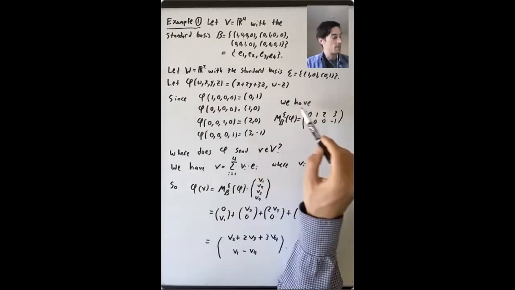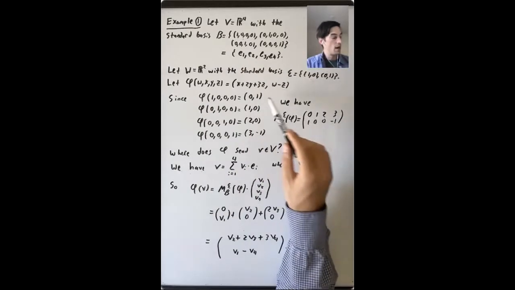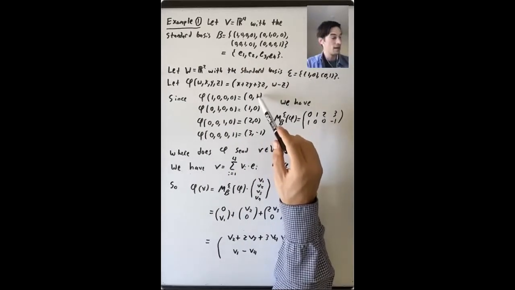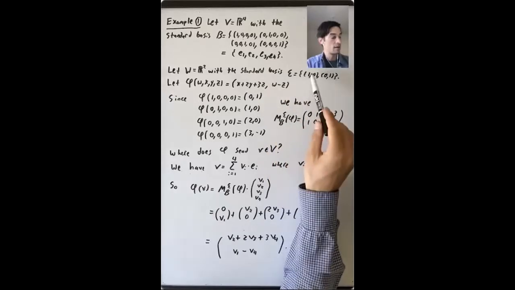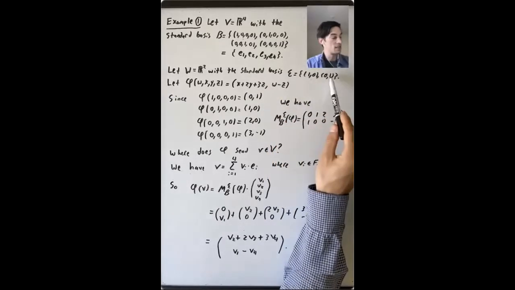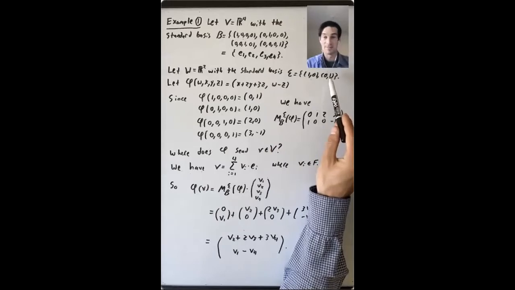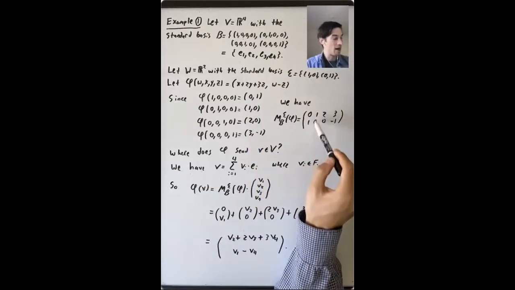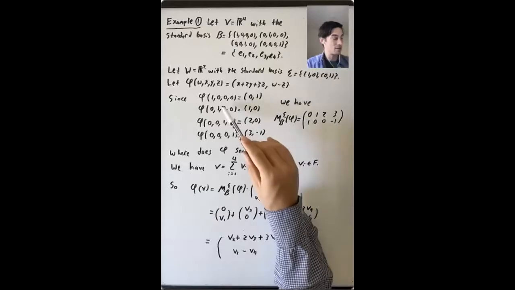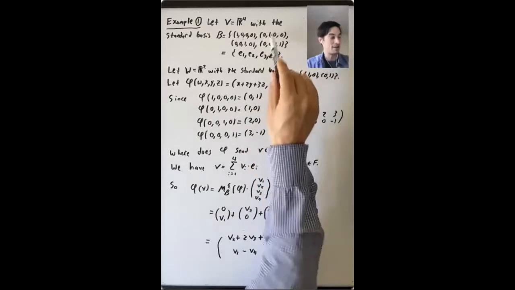we see, for example, that the first column is (0, 1) because this vector is 0 times the first basis vector in E plus 1 times this second basis vector in E. The second column of this matrix is (1, 0) because where does phi of the second basis vector get sent?